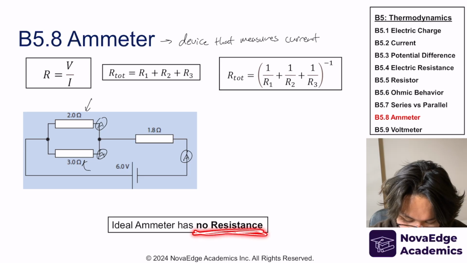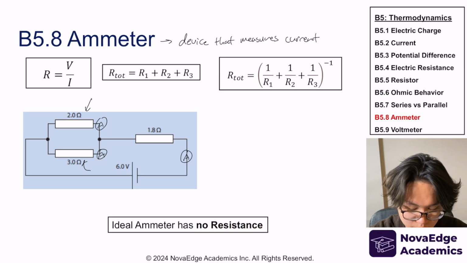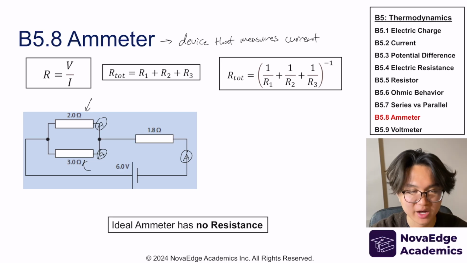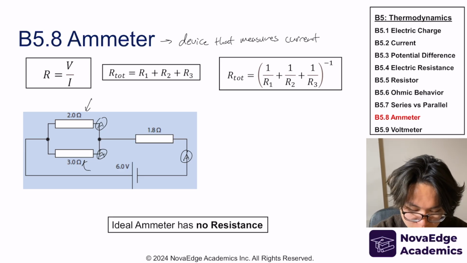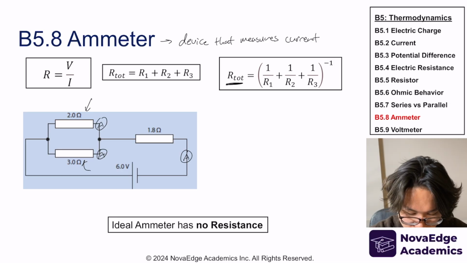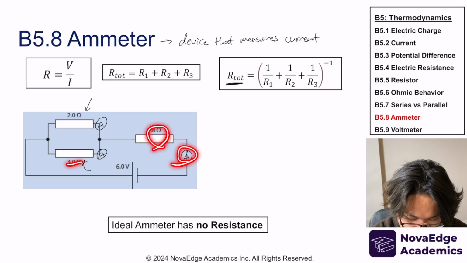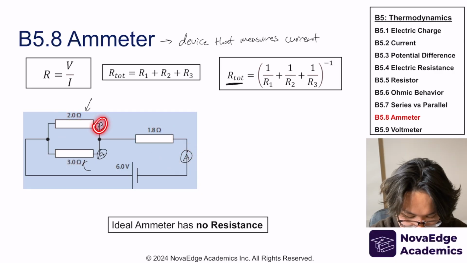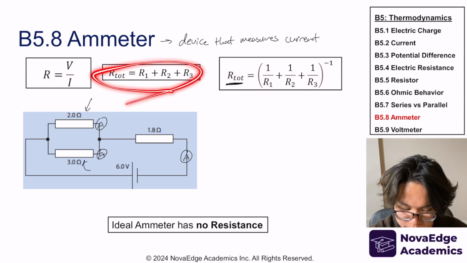So why does it have no resistance? Well, because remember, if it has a resistance, then it's going to totally change R total, because R total is a function of the resistance of this plus this plus this plus this. If I put it here, it's still going to be this plus this plus this plus this. Either way, whether you add it in parallel or series, it doesn't matter.